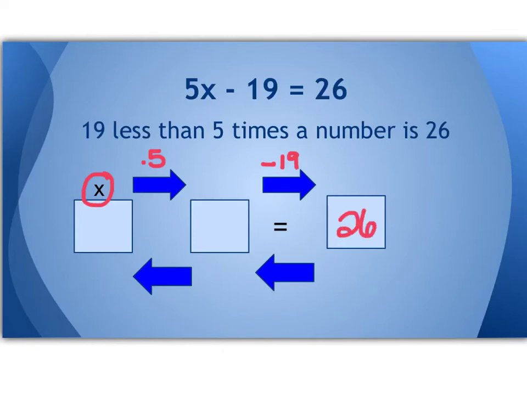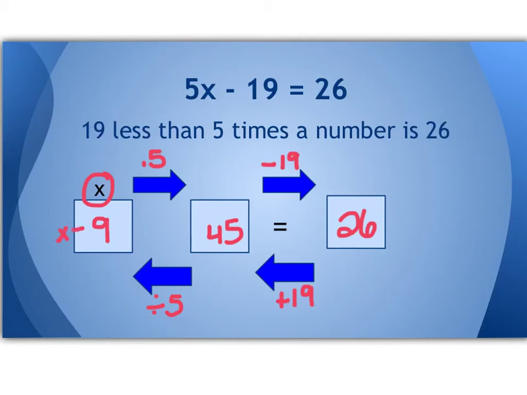Now let's work backwards. Instead of subtracting 19, I'm going to add 19. When you add 26 plus 19, you get 45. Now, instead of multiplying by 5, I'm going to divide by 5. 45 divided by 5 is 9.